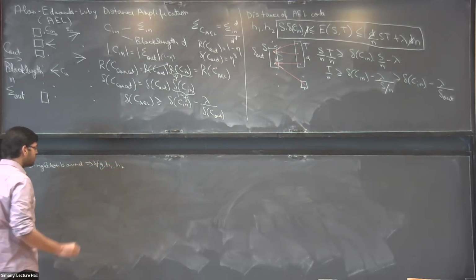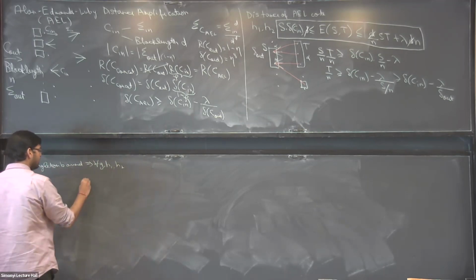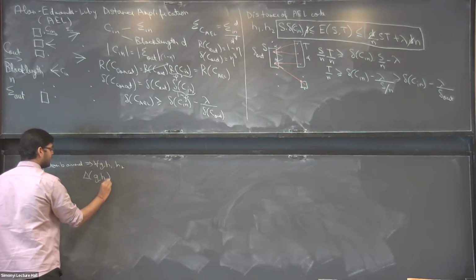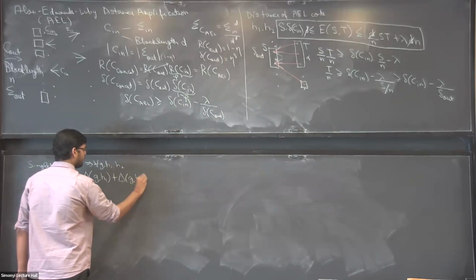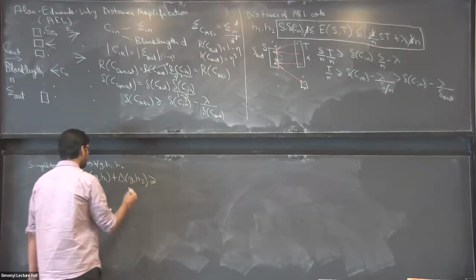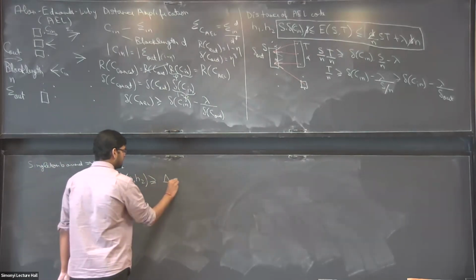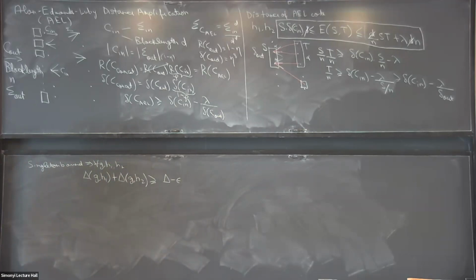So for k equals 2, what does the Singleton bound, that's not really generalized Singleton bound, look like? K is 2, so this will just become delta minus S. Right?